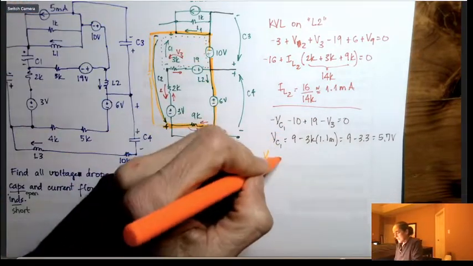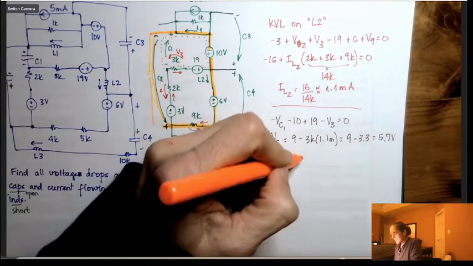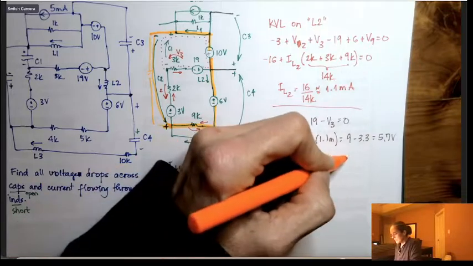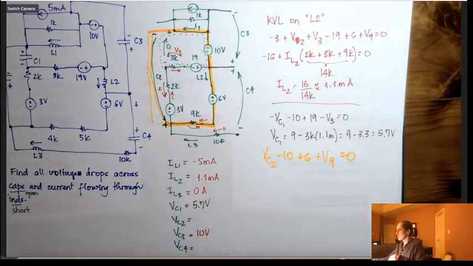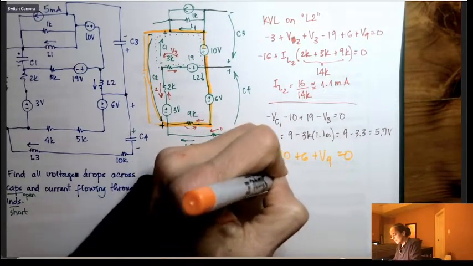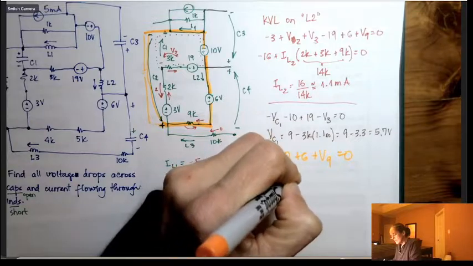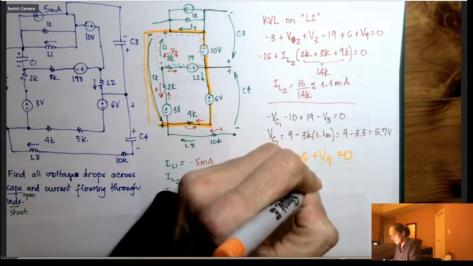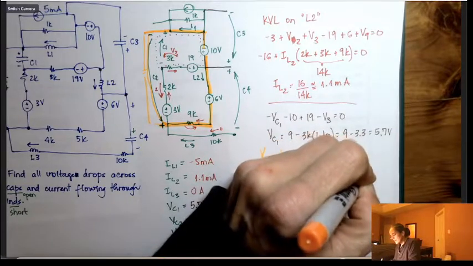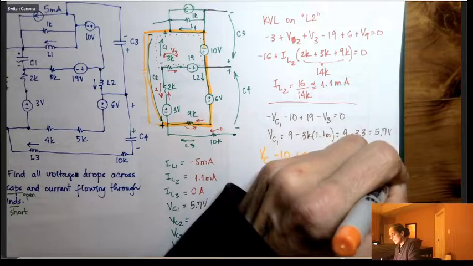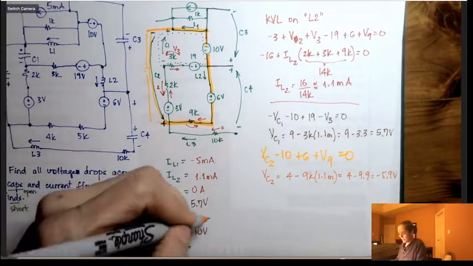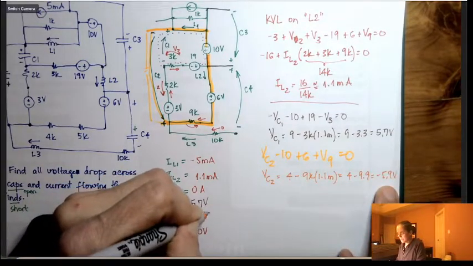This is a short, minus 10 plus 6 plus V9 equals 0. VC2 will be 4 minus V9, which is 9K times 1.1 milli, which is 4 minus 9.9, which is minus 5.9 volts. So VC2 is minus 5.9 volts.